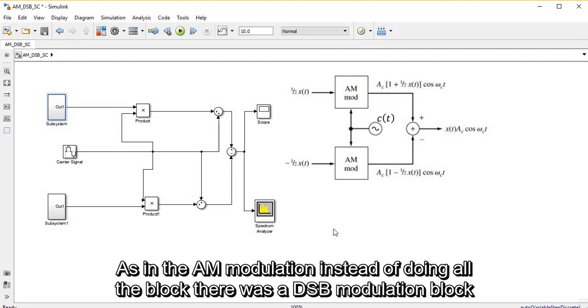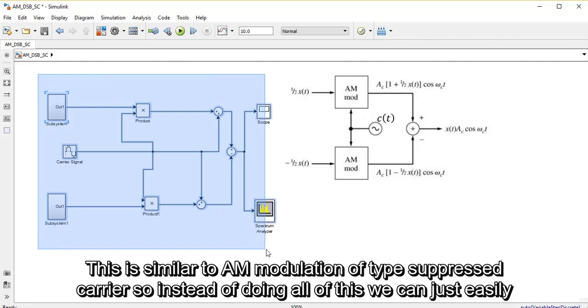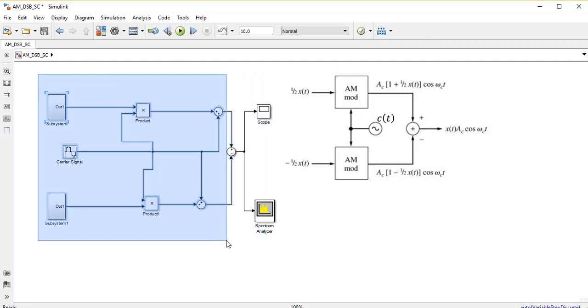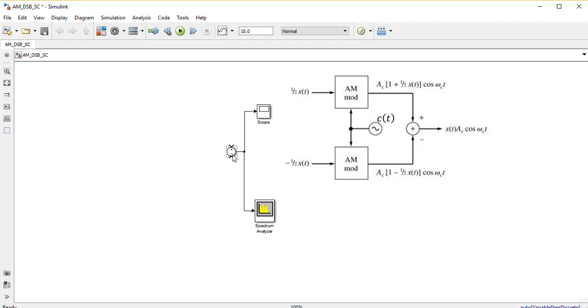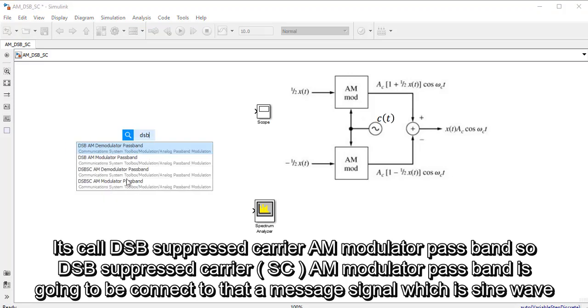As in the AM modulation, instead of doing all the blocks, there was a DSB AM modulation block. This is similar to AM modulation of type suppressed carrier. So instead of doing all of this, we can just easily delete all of this. It's called DSB suppressed carrier AM modulator passband.